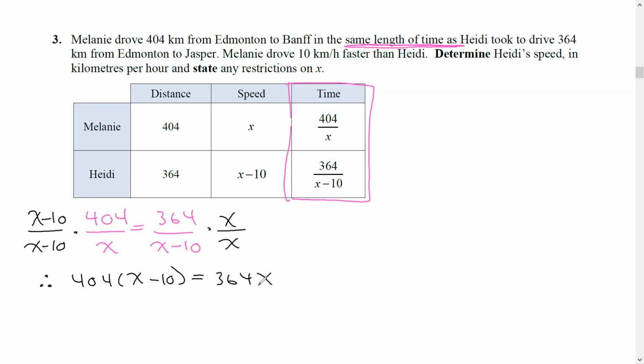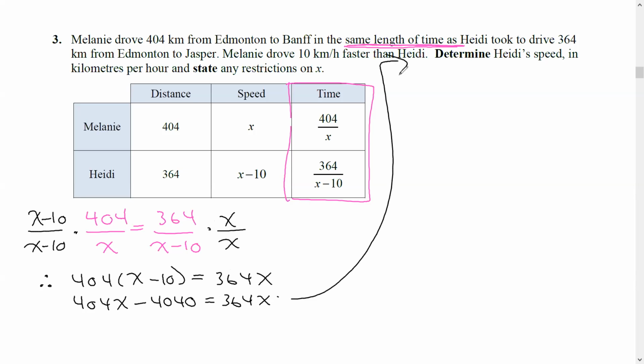I'm going to distribute in my 404 and remove my parentheses. I start to get a little bit of large numbers. Don't be surprised, that's going to happen. I'm going to bring all my x's to the left-hand side, so that'll be 40x equals 40 times something. And divide both by 40.